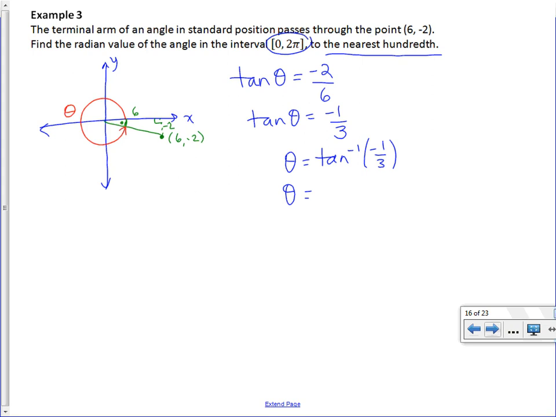The brackets are important. And I just got approximately -0.32, because I'm rounding. This is an angle in radians. Is it the theta we want?